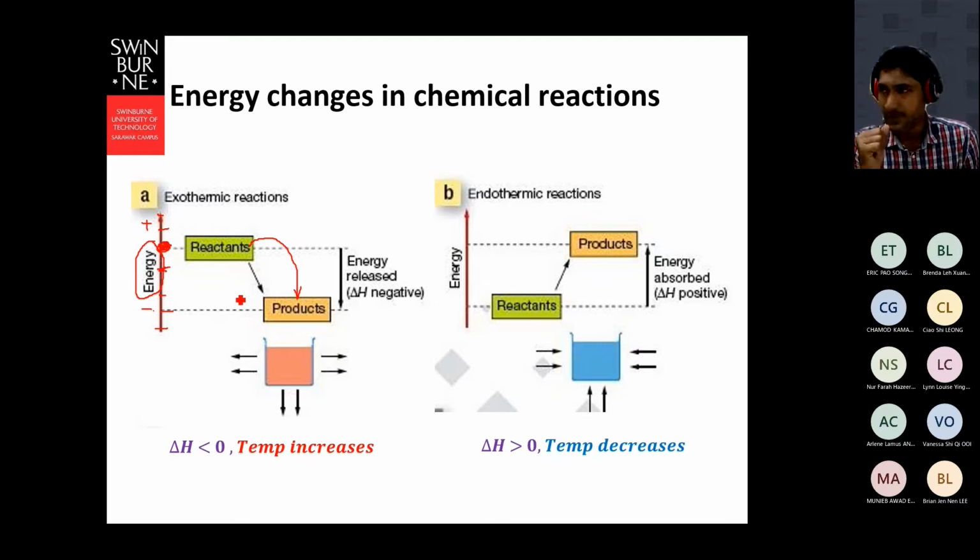Because of this reaction, they release, they emit the energy as heat. Heat comes out from the system. Let's say the reaction is occurring inside, and heat is coming out from all these things, and that is how the product becomes less energetic, with less energy.